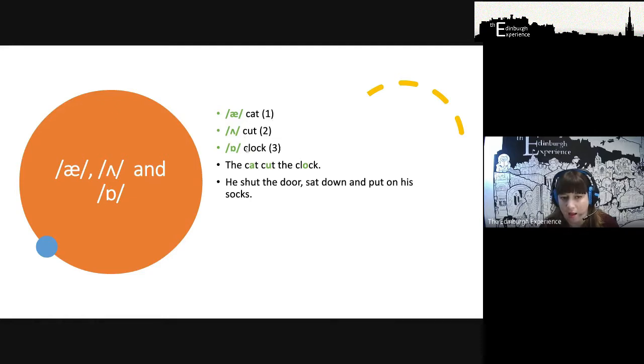I've got a 2, I've got a 3, I've got a 2. I think most people have put 2. Yeah, good work, guys. Okay, so the first one here, shut, is this sound here. Okay, he shut the door, sat down. Which one are we looking at here? Sat. Number 1, number 1, number 1.